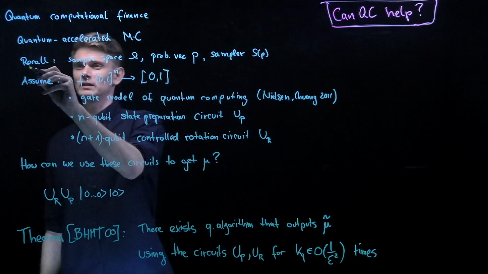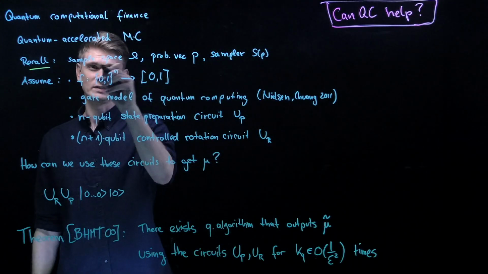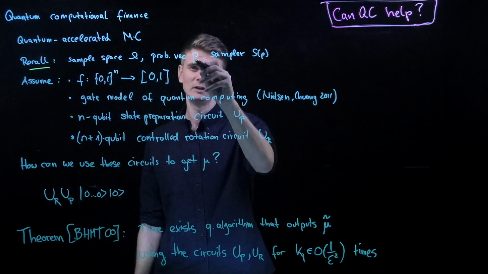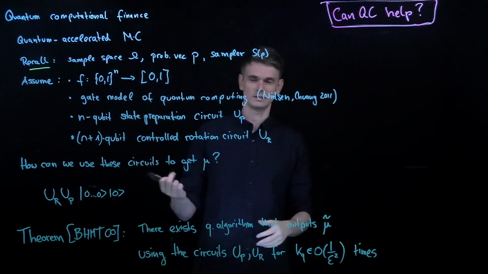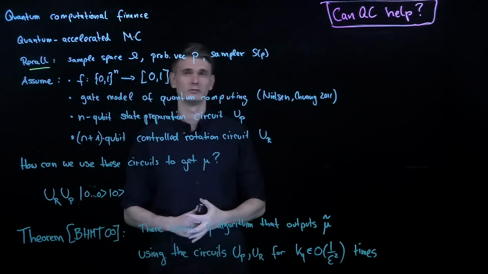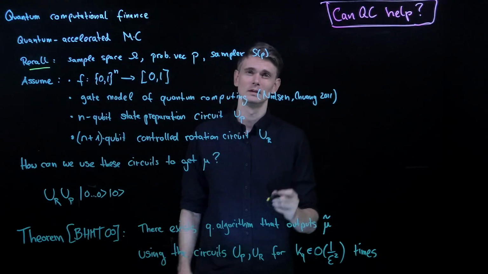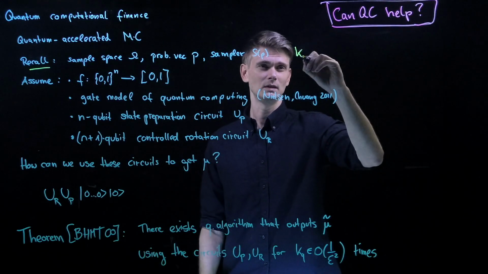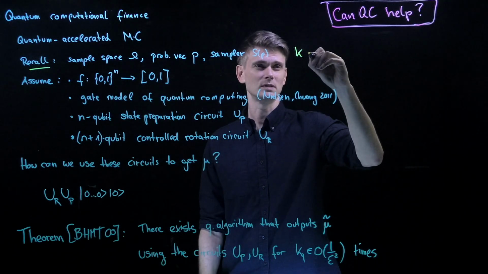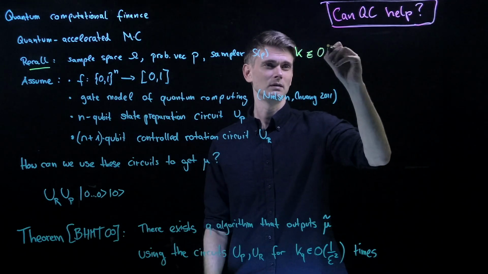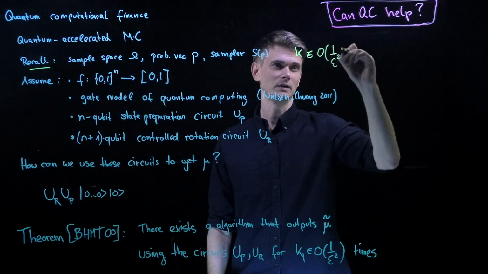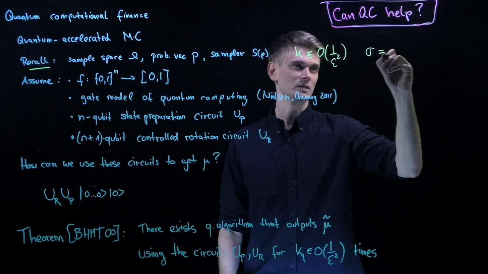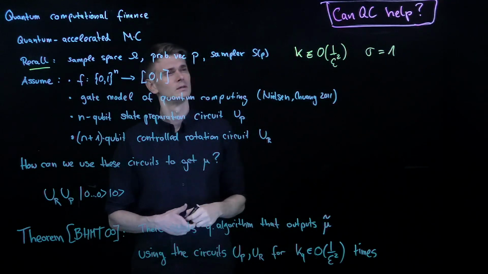For this, recall that we have a sample space omega, a probability vector p, and in the classical setting a sampler that provides samples from p. Also recall that before, in the classical setting, we needed a number of samples of about 1 over epsilon squared if sigma was taken to be 1.